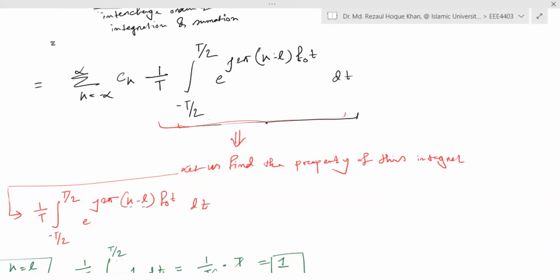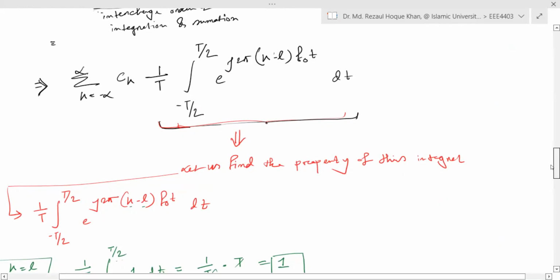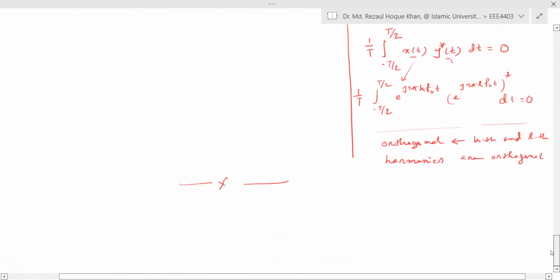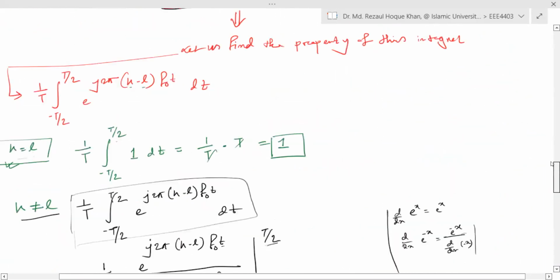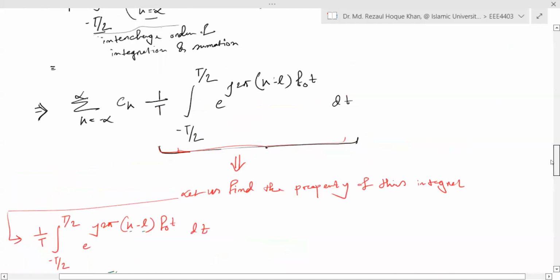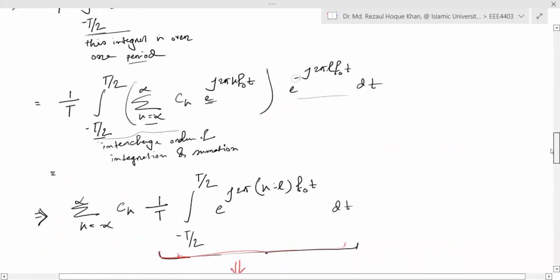The value has two possibilities, either 0 or 1, depending on whether k equals l or not. So let us put all these results into this equation. Let us write the whole combination of this equation. Did we already give it a name?